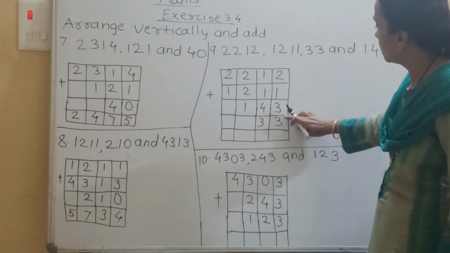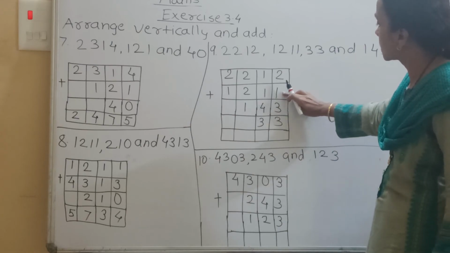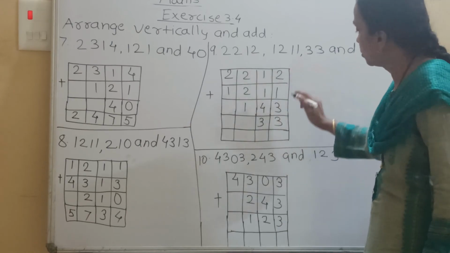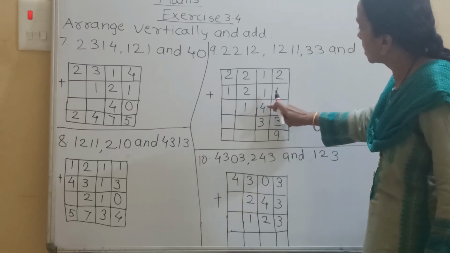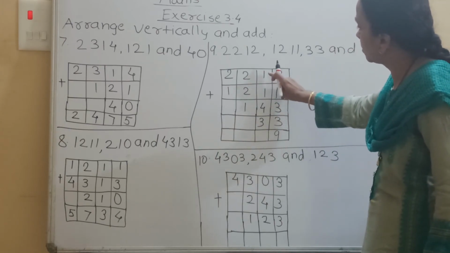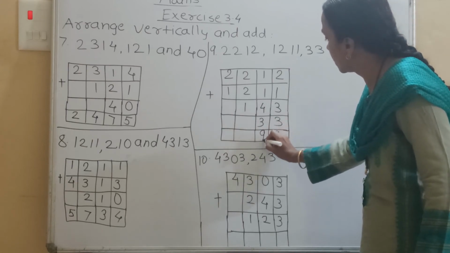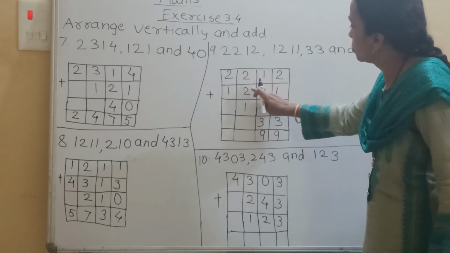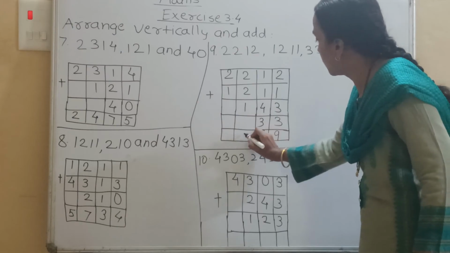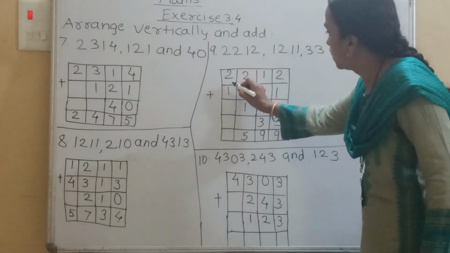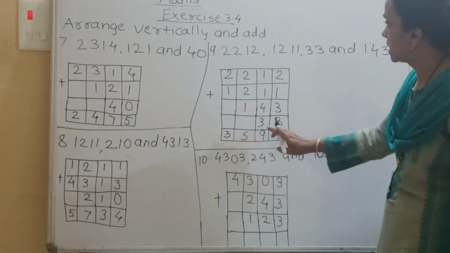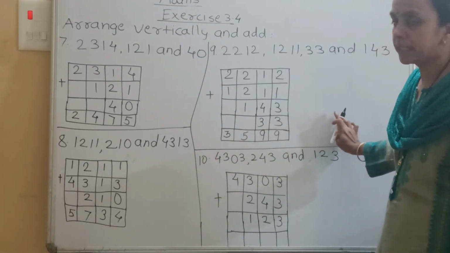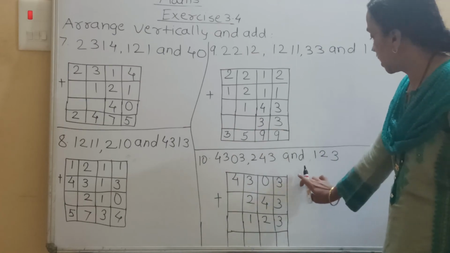Now see 3 plus 3, 6. 6 plus 1, 7. 7 plus 2, 9. 4 plus 3, 7. 7 plus 1, 8. 8 plus 1, 9. 2 plus 2, 4. 4 plus 1, 5. 2 plus 1, 3. So our answer is 3599. Now see 10th example.